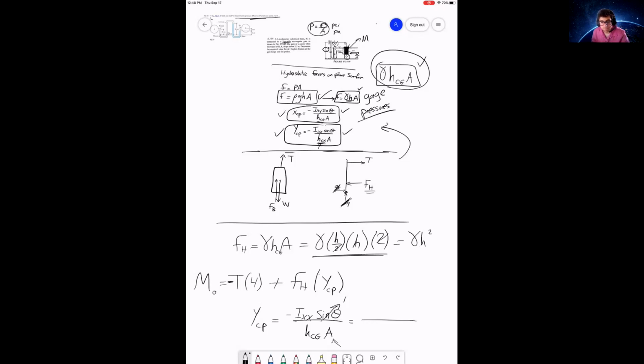So it'll be 2 times H. And what is HCG in this case? We said it was H over 2. And negative IXX, if you go back to the book, there is a formula for moment of inertia, right? Okay.